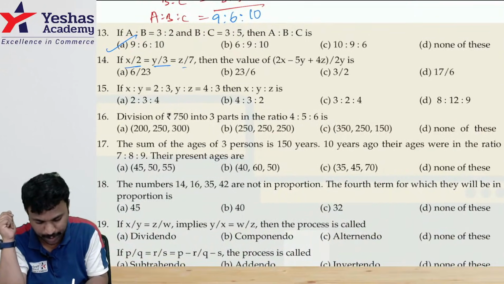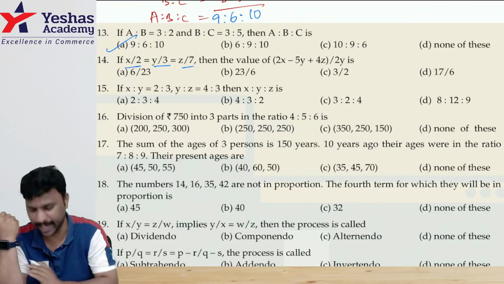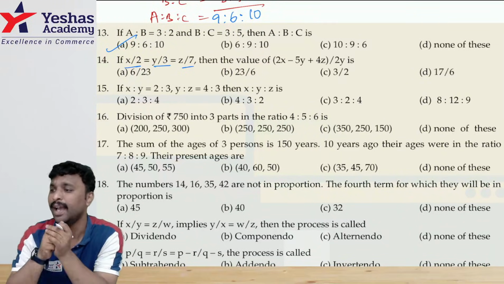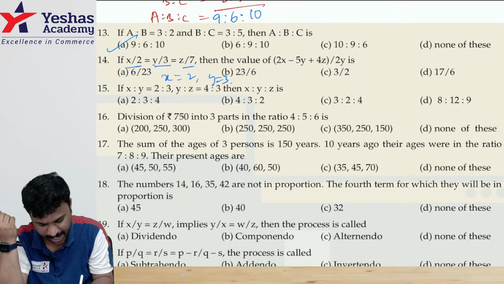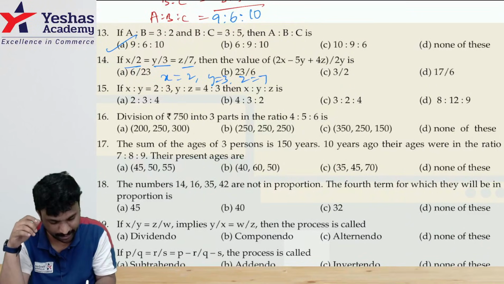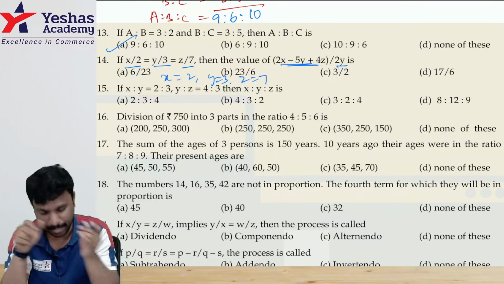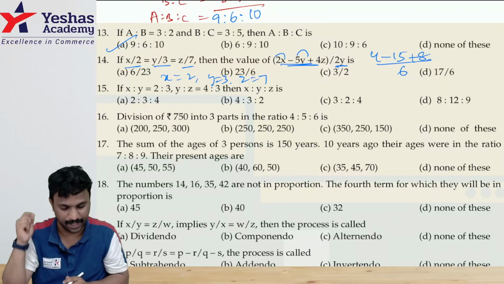Guys, if two or more than two terms are equated, you can always solve it by equating it to k. So x will be equal to 2k, y will be equal to 3k, z will be equal to 7k. Rather than expressing in terms of k, you can put x equal to 2, y equal to 3 and z equal to 7, because k and k will get cancelled in both numerator and denominator. It's a waste of time writing in terms of k, right? So 2 2s are 4 minus 5 3s are 15 plus 4 7s are 28 divided by 2 into y, 2 into 3, which is 6, isn't it?